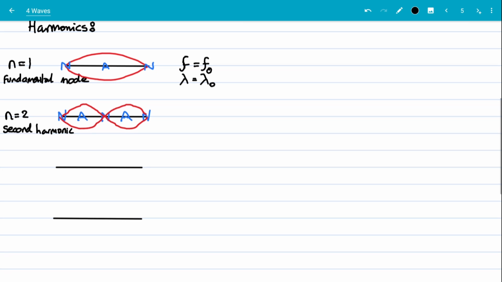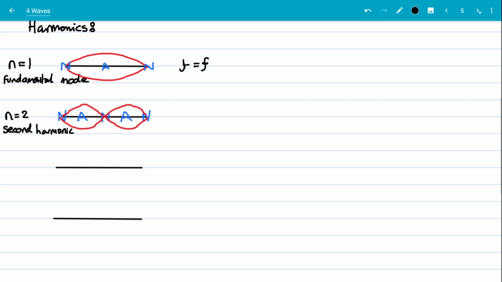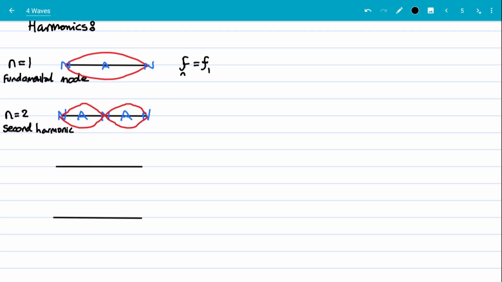in fact, let's not call them zeros, let's call them ones, because it's the n equals 1 mode, so let's use the subscript 1.